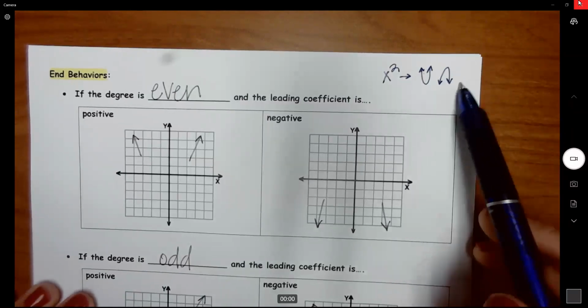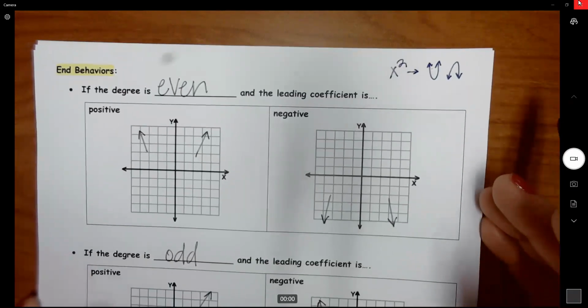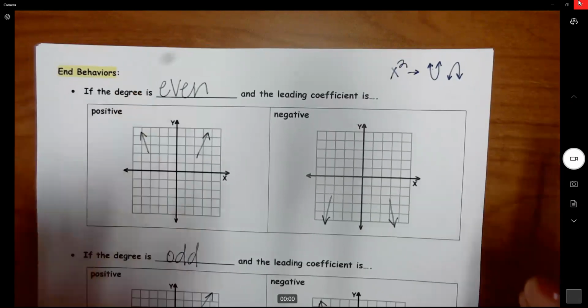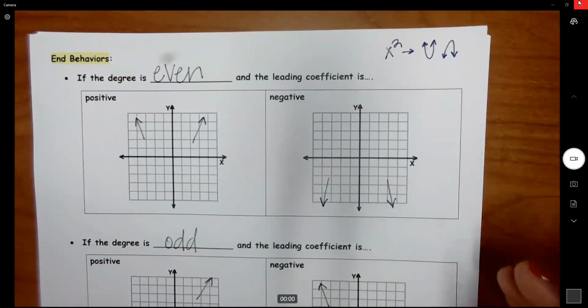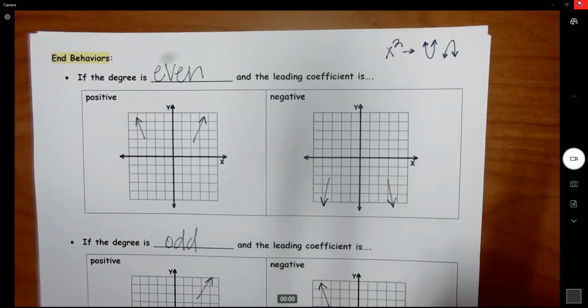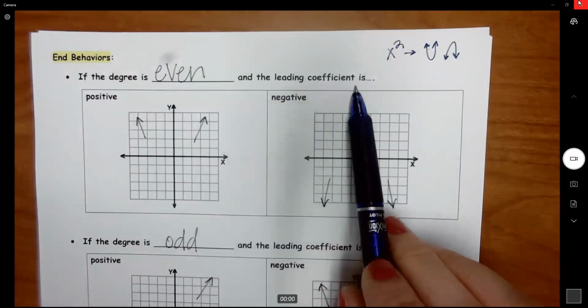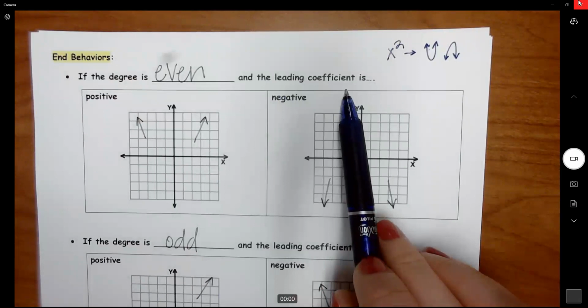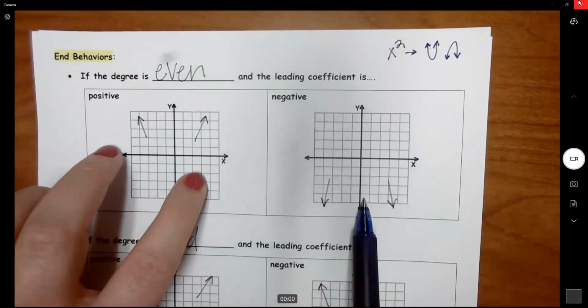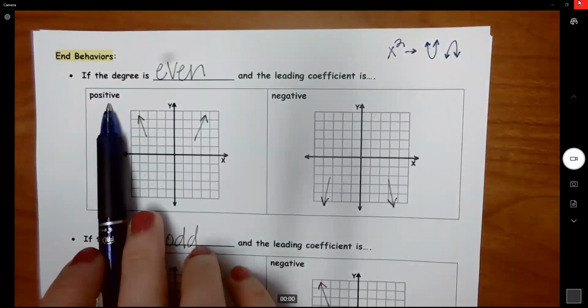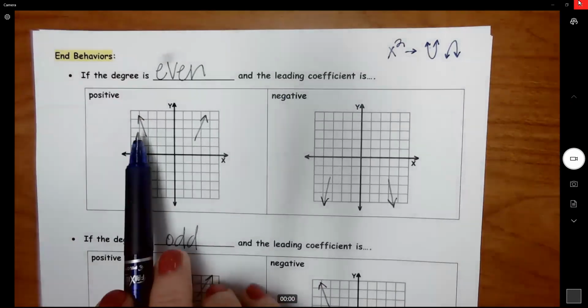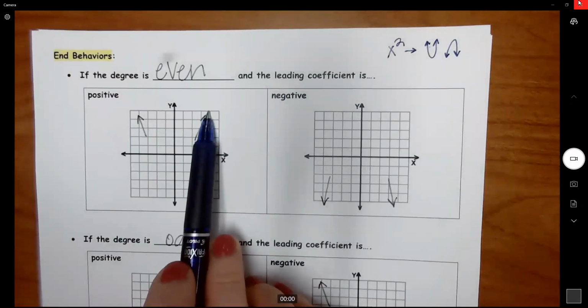These start and end in the same direction. All your evens will do the same thing. So to determine up or down, you look at the leading coefficient. If that leading coefficient is positive, then it's going to start up and it's going to end up.